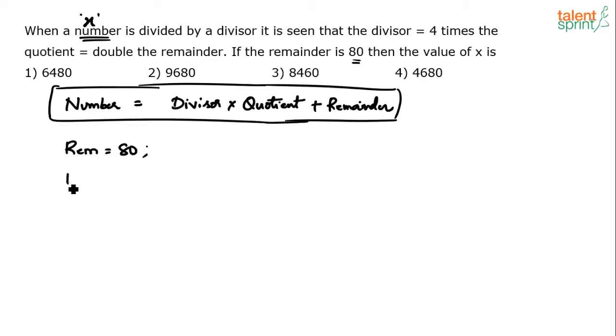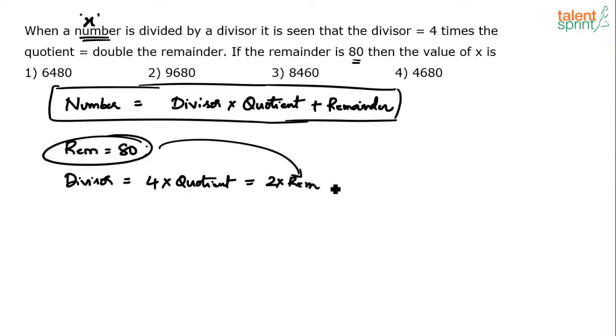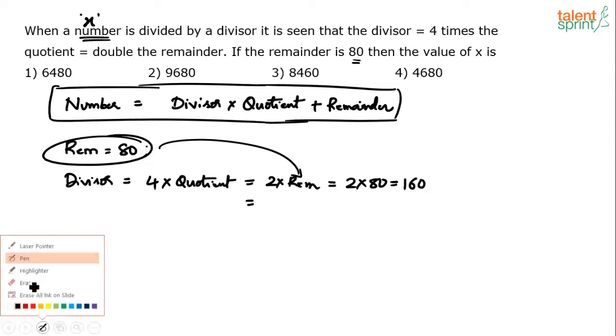Look at the equation given there. Divisor is equal to 4 times the quotient is equal to double the remainder, 2 times the remainder. Now substitute remainder equals 80 here. So divisor is equal to 2 into 80, 160.